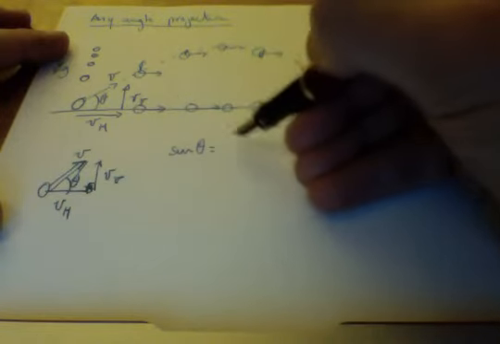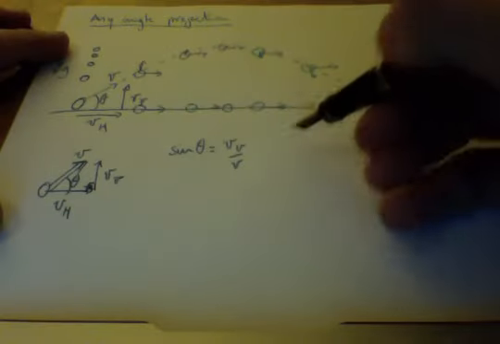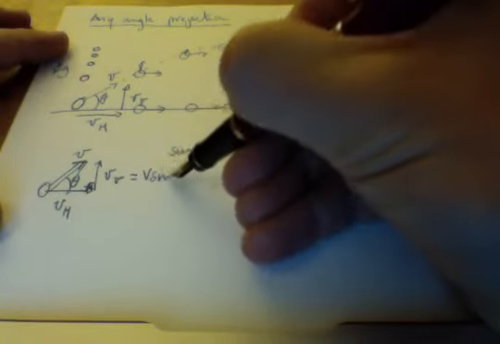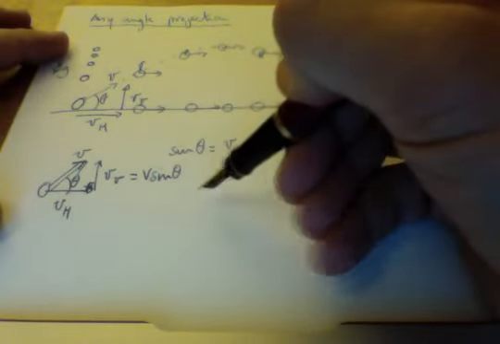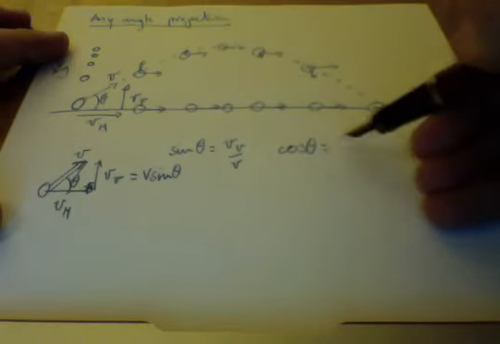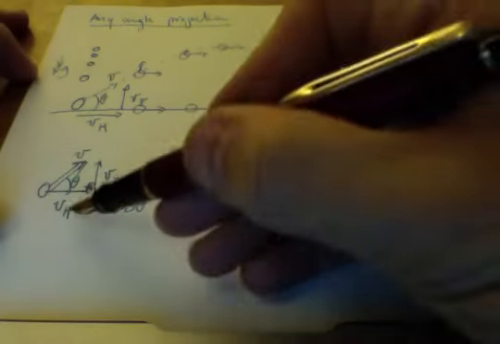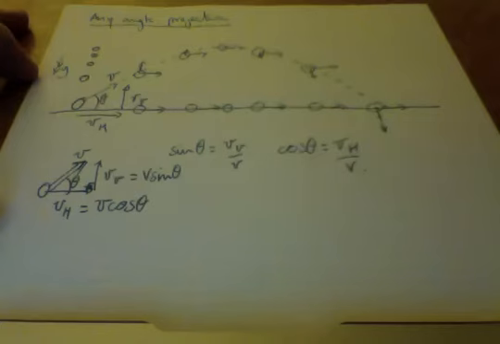Sine of theta is going to be our opposite over our hypotenuse. Therefore it's not hard to work out that our vertical velocity is going to be v sine theta. For the horizontal, we have our horizontal and our adjacent, so therefore we have a cosine. And with a small rearrangement, we can see that our horizontal is v cosine theta.